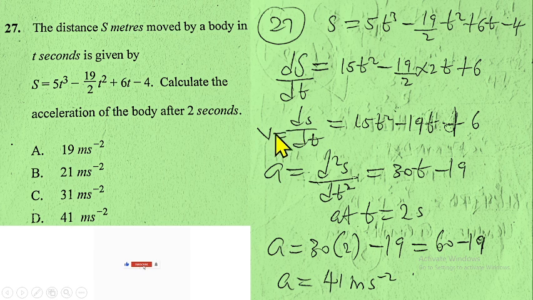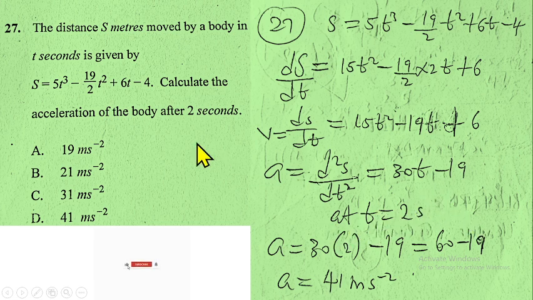If I differentiate velocity with time as well, that will give us acceleration. So we differentiate this again, differentiating velocity with time, and that gives us acceleration, because we are working on acceleration. So 2 comes down, you have 30t minus 19 as the acceleration.